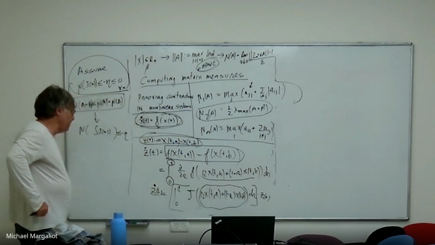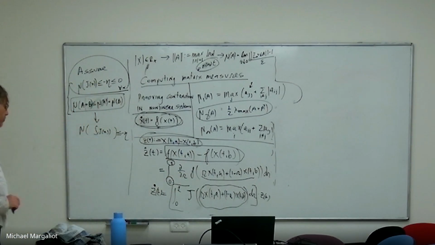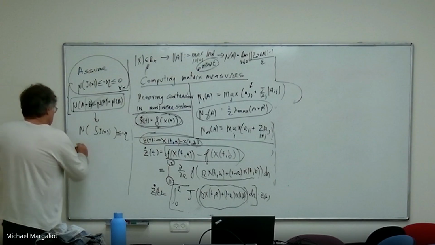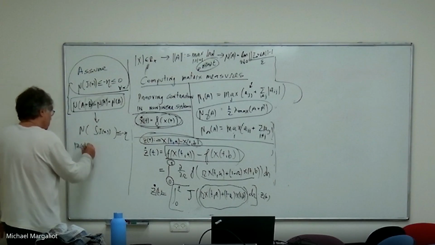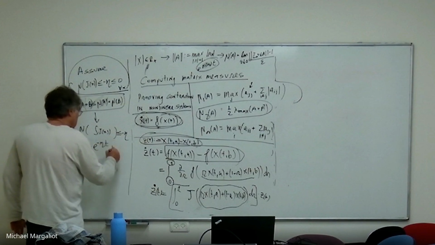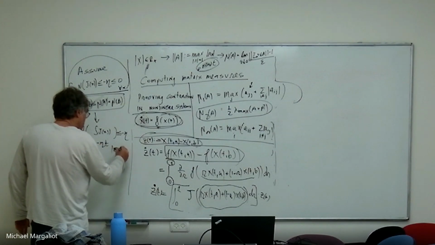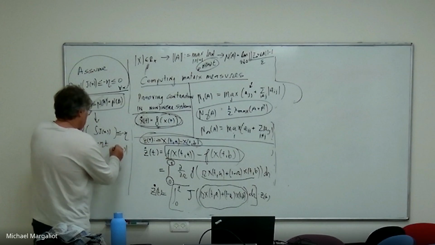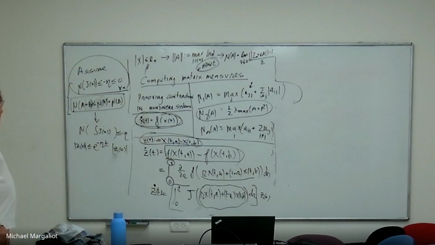I now have a linear system with a matrix here which satisfies this bound. Well, I know already that this would mean this. This we already saw. I call this Coppel's inequality. For linear systems, I have this connection between the matrix measure and the solution.